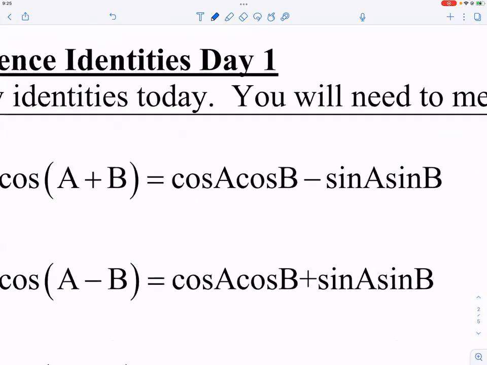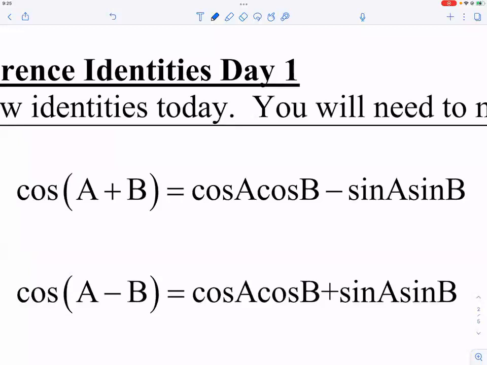Like for cosine, something that's normal is that you start with cosine A and cosine B. But what's not normal is that if it's an addition of angles, the identity is actually showing a subtraction.